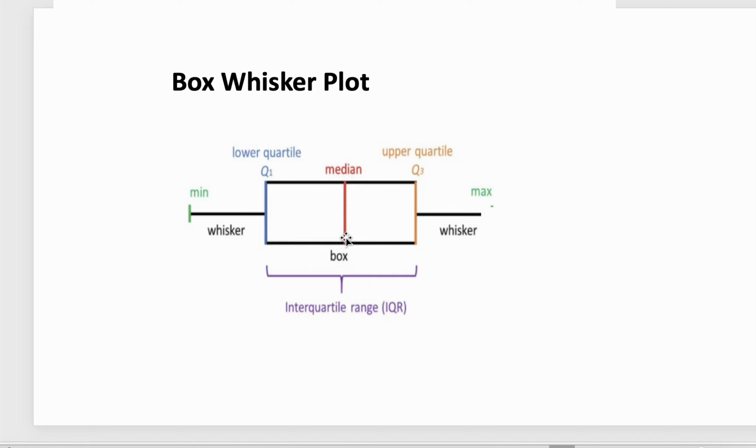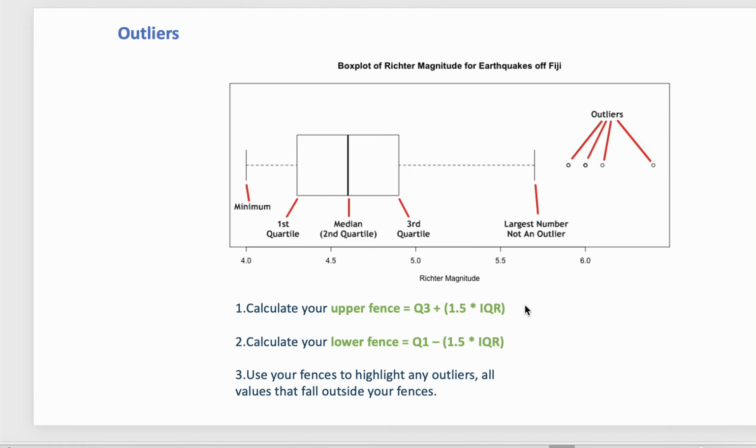Beyond the fence is called an outlier, a high outlier. And how do we depict it on our graph? By little asterisks representing how far it is from this whisker, which represents the largest number that's not an outlier.